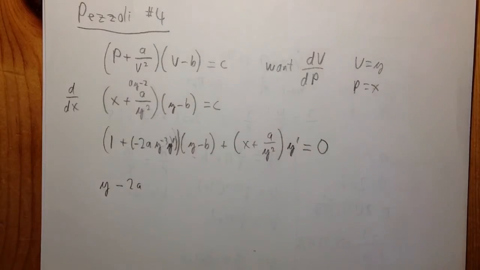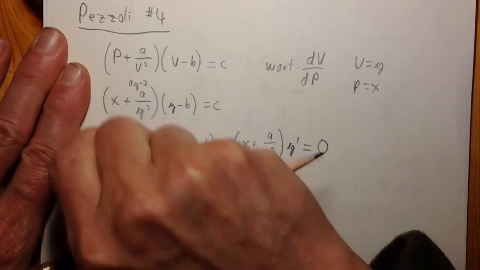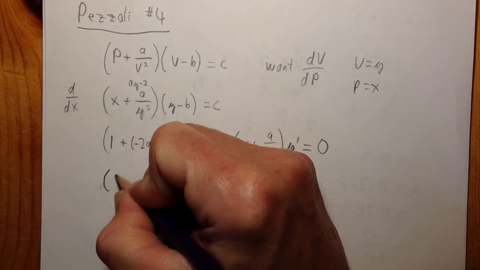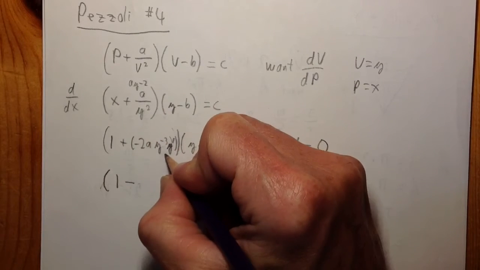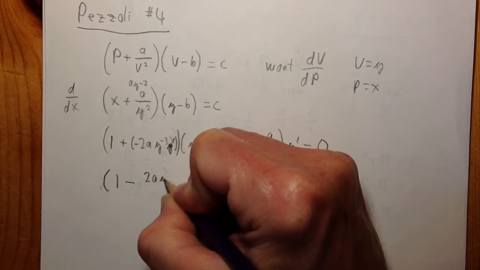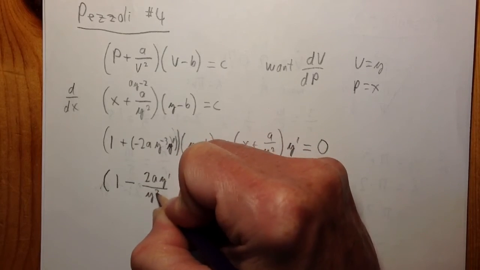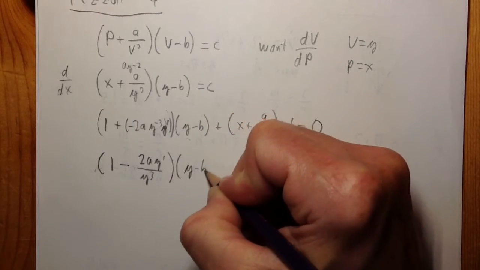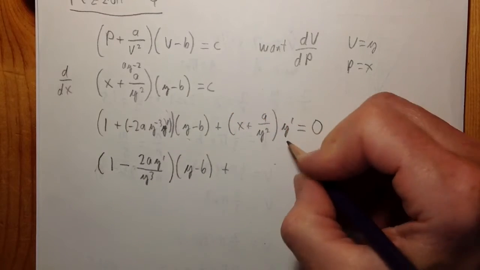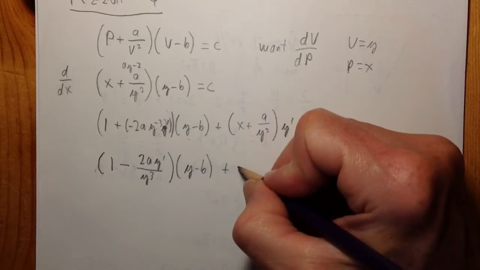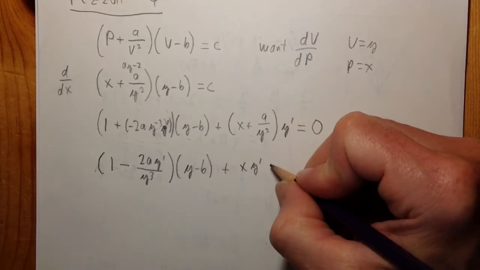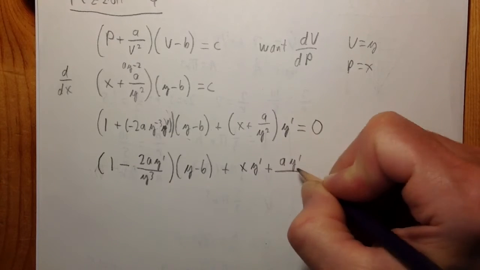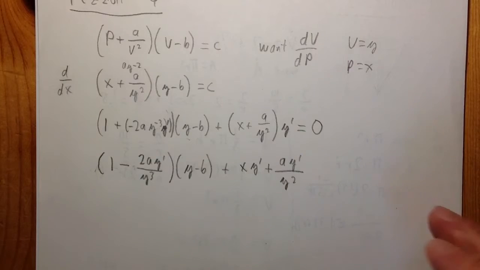I'm just going to show all my work here because this is kind of confusing. So let's rewrite that top part: this is 1 minus 2a y prime over y cubed, y to the negative 3 is y cubed in the bottom, times y minus b, plus x y prime plus a y prime over y squared.